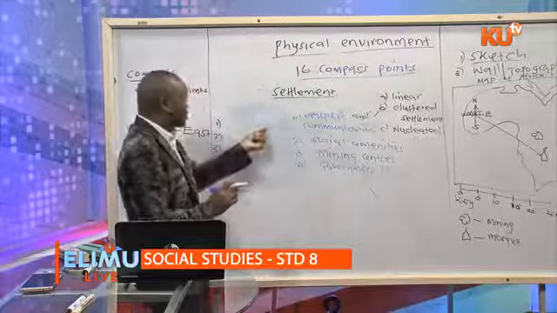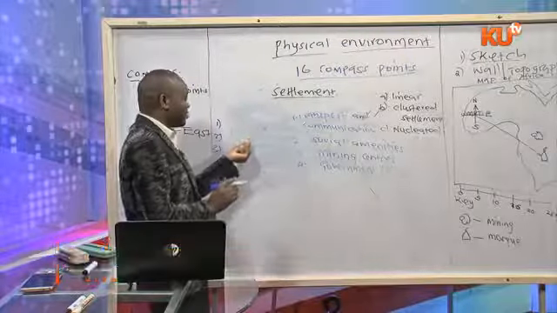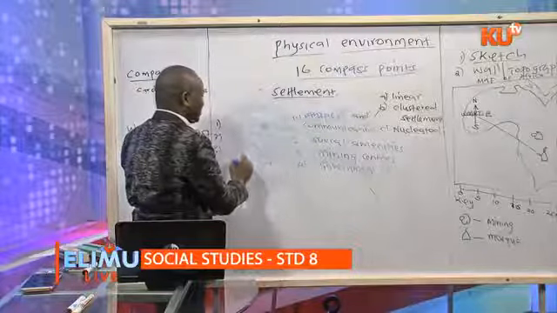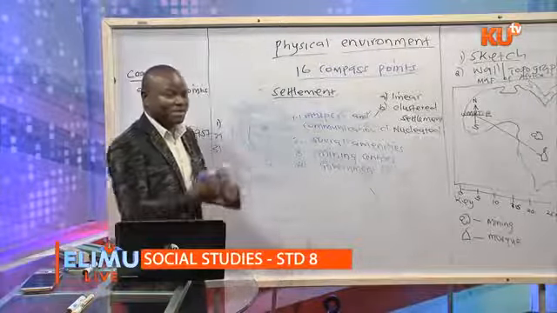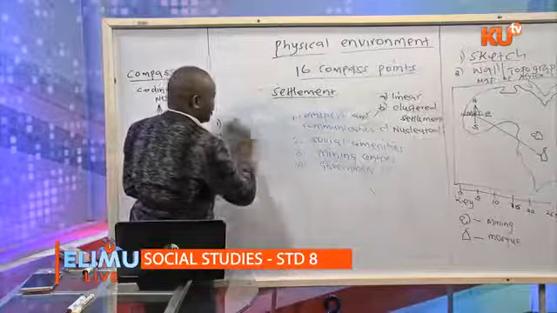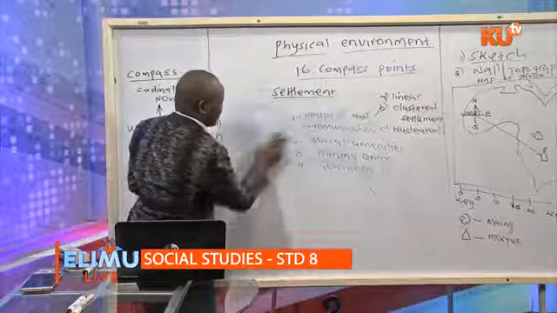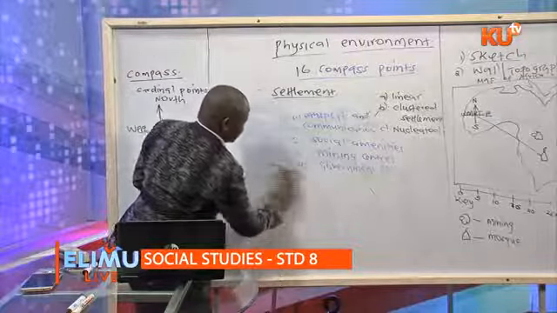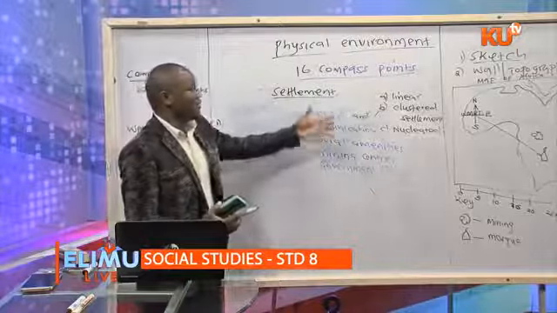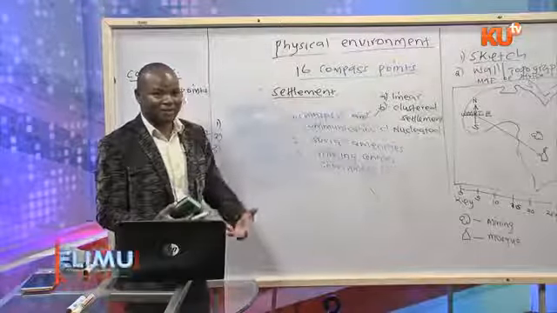Why was this city transferred to the road junction? One of the factors can be government policy. But that one we are going to see how it is relevant here. So those are some of the factors which can affect the settlement of the people.